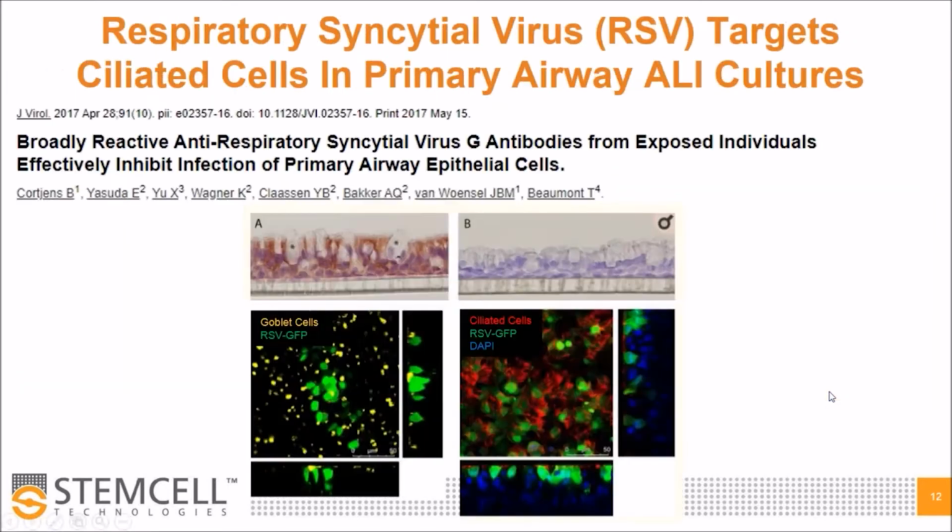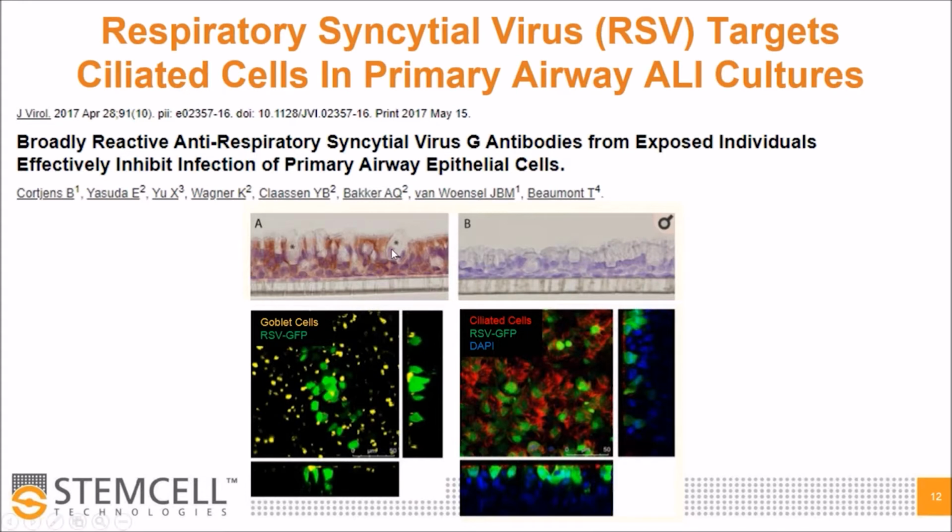I'm going to give you some examples of how primary airway air-liquid interface cultures have been used to characterize molecular mechanisms of respiratory viruses. And I will start with the respiratory syncytial virus that, thanks to the air-liquid interface, has been shown to target specifically ciliated cells.